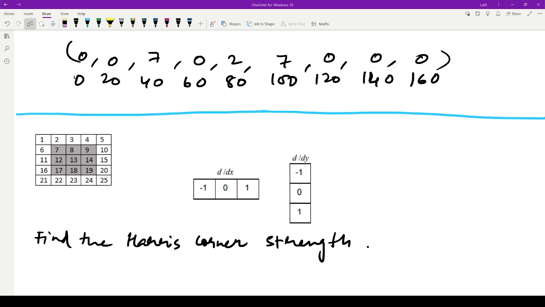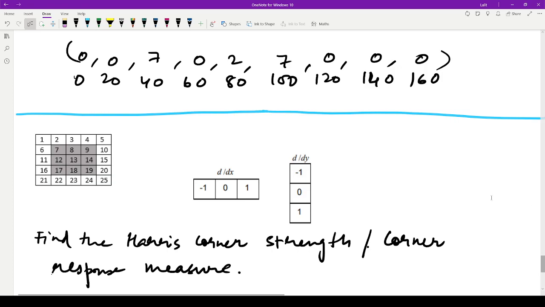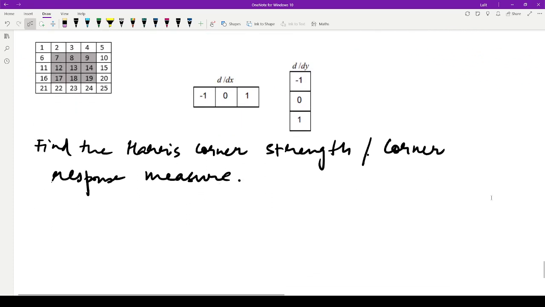What's the specific name? Corner response measure. Harris corner strength or corner response. So for this, what is it that you need to do? How do you get the Harris corner strength or corner response measure?